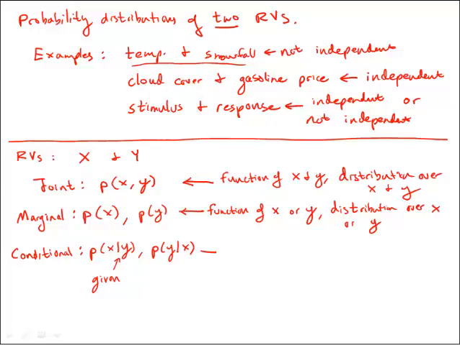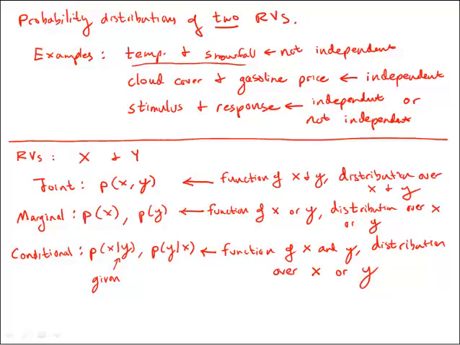The conditional distribution is a function of x and y, but it is just a distribution over x in the P of x given y, or y in the P of y given x case.